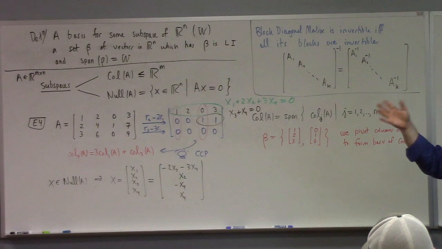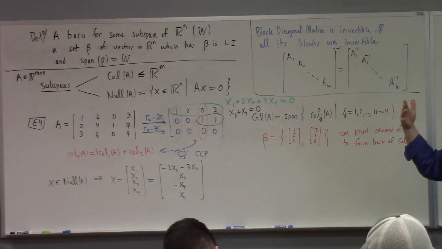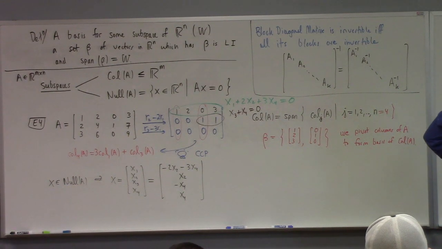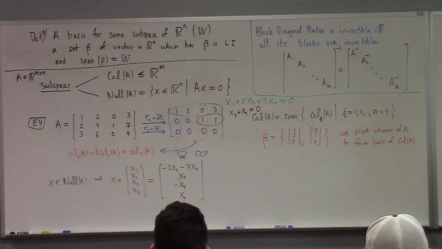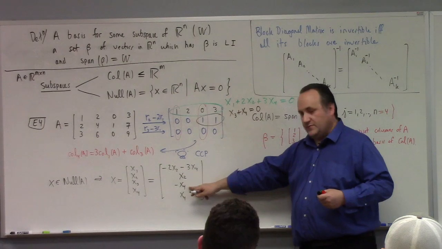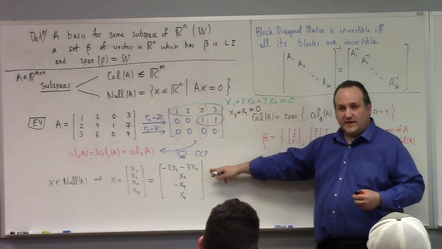So we can see solutions to the homogeneous problem without actually writing down the augmented coefficient matrix with the zeros in the last column. It's a little bit of a trick, but it's not a big one. So this means x3 is minus x4, and x1 is minus 2x2 minus 3x4.